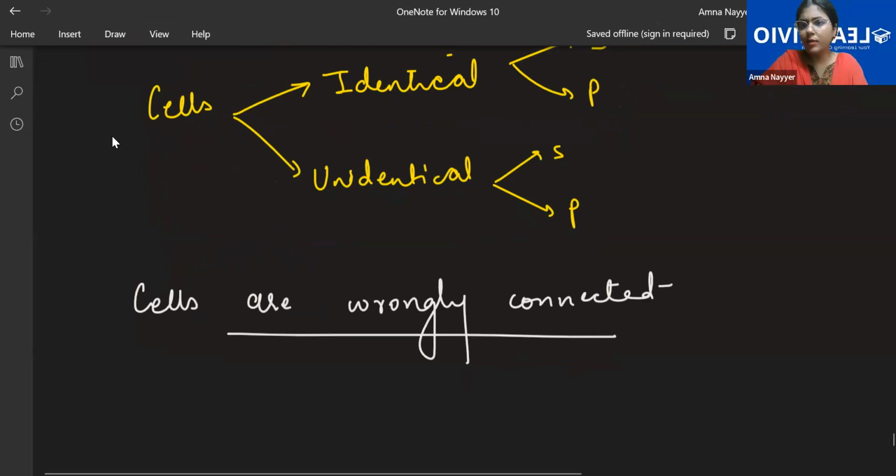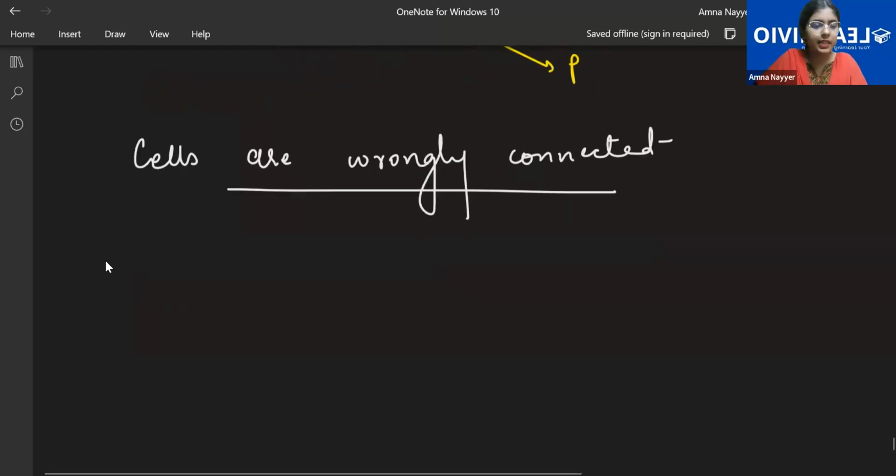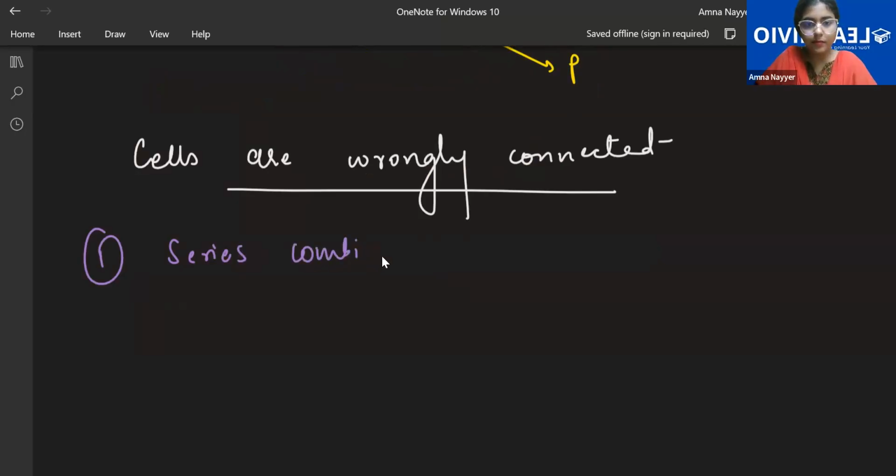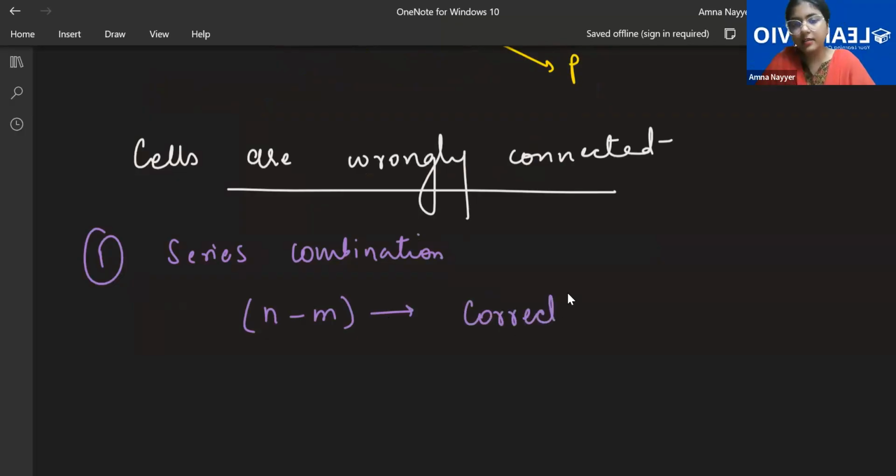Now look, let me start with the series combination. Now assume some number. Let's say n minus m number. This is the number of the correct cells that are connected. Okay, n minus m. This is the correct cell. And m, if I say this is the incorrect one, means m number of cells are incorrectly connected and n minus m are correctly connected.